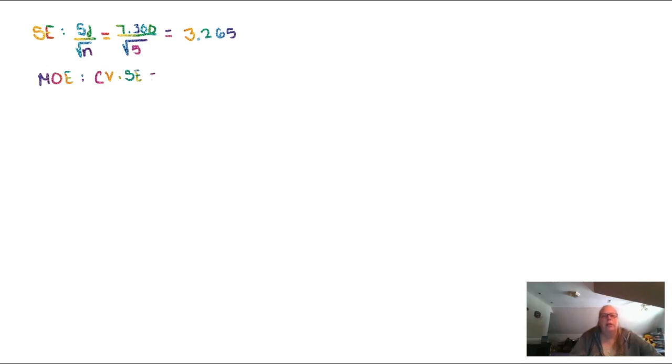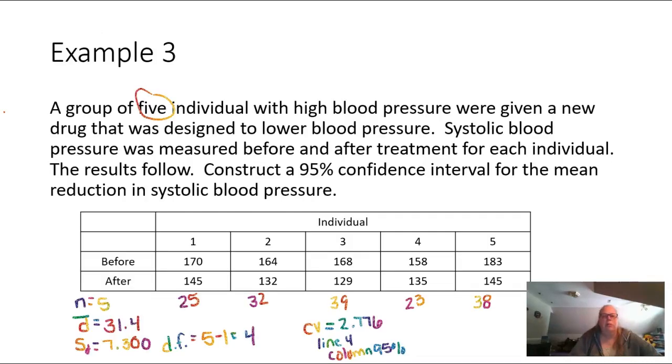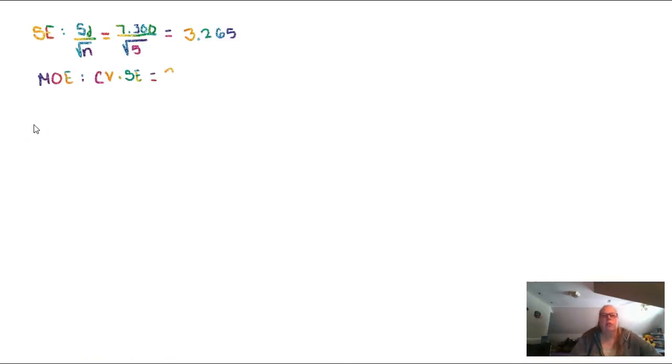The critical value we just found, 2.776, and we are going to multiply this by the standard error we've just found, the 3.265. And this is going to give me 9.064.